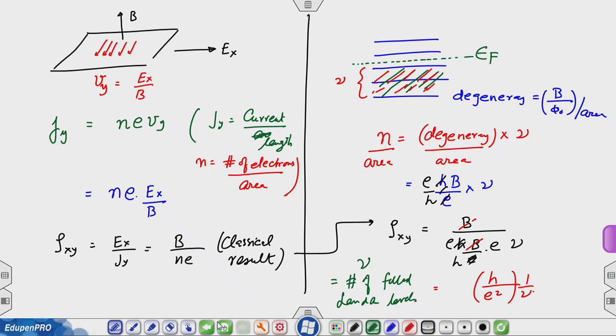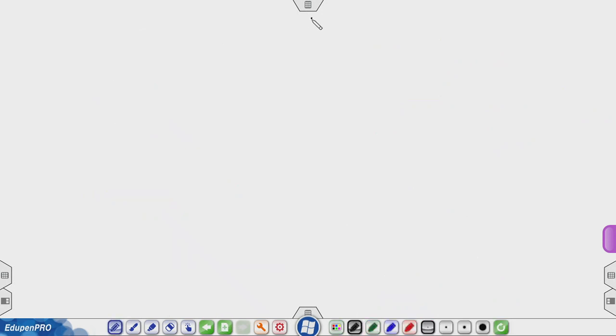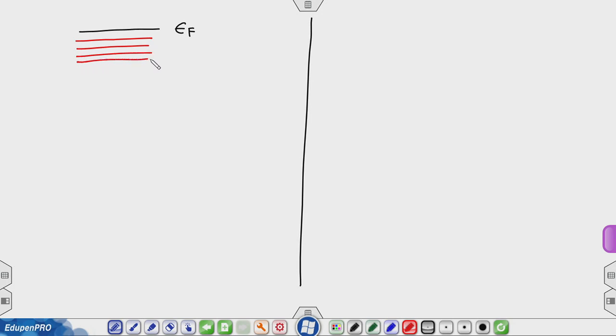So, what we have seen is that picture that emerges, and I am going to keep making it again and again. Here is epsilon F, and suppose these are the Landau levels, filled Landau levels, nu of them, then rho x y comes out to be h over e squared, 1 over nu.